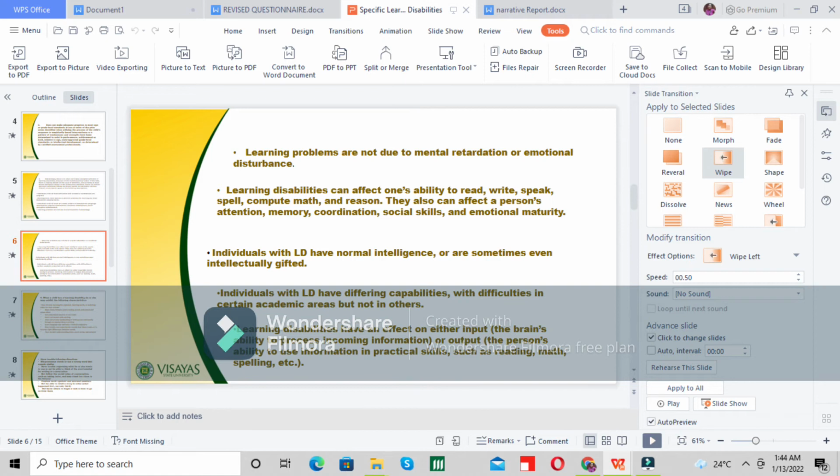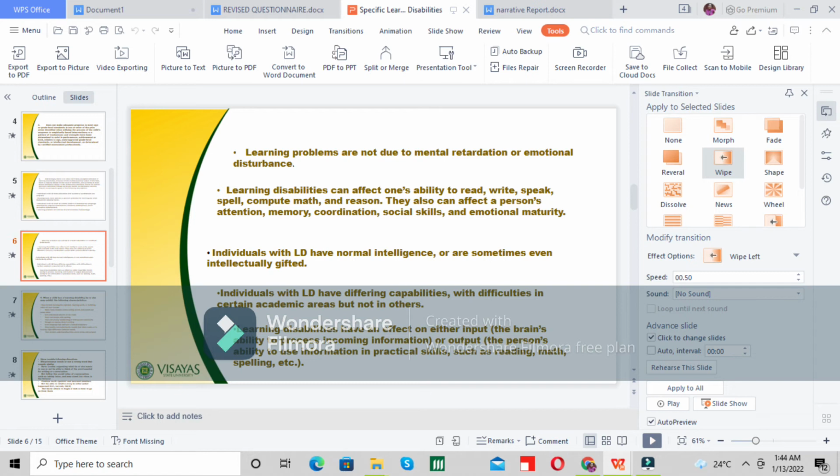They also can affect a person's attention, memory, coordination, social skills, and emotional maturity. So that is true. If a child doesn't have those disabilities, they can probably learn freely, or probably there's no hindrance in learning.